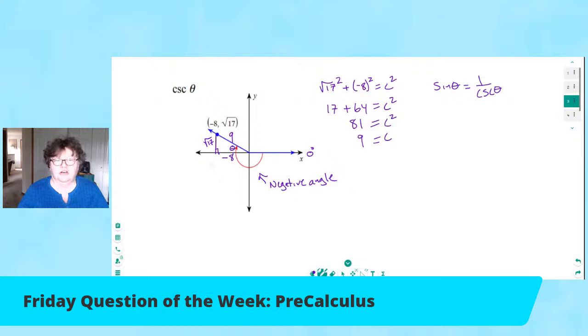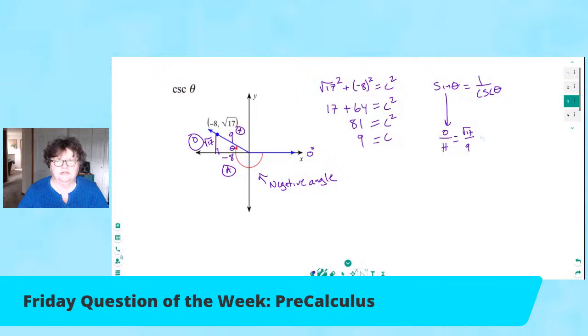So technically you could find the sine, just to show you a difference here. This is opposite, hypotenuse, and adjacent, right? So sine would be opposite over hypotenuse. That would give me square root of 17 over 9.